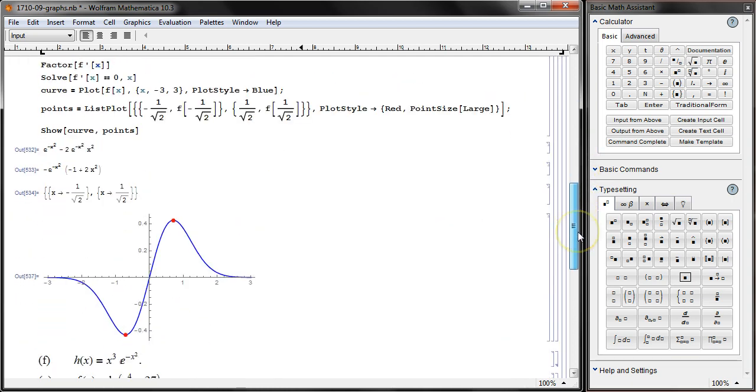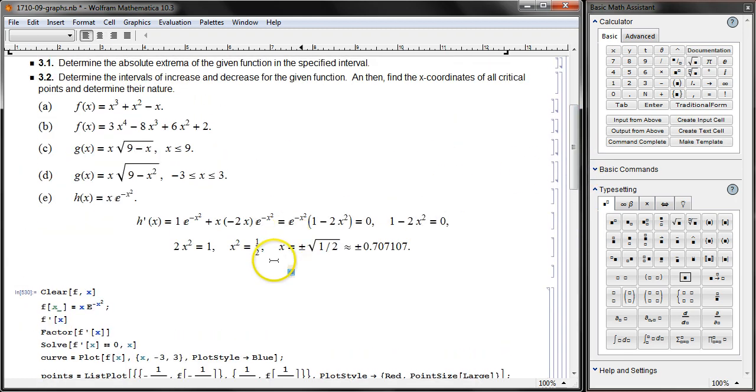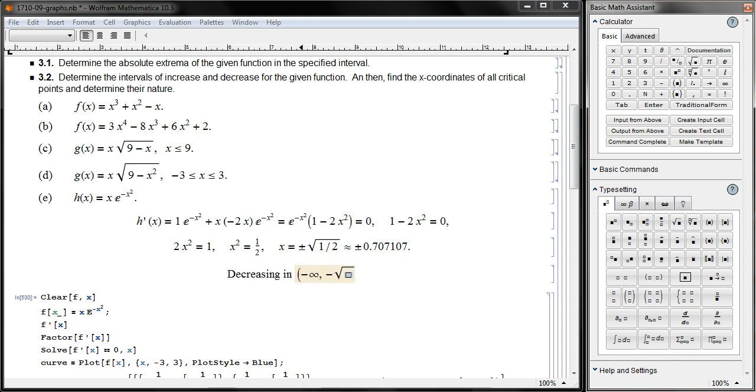So what can you conclude about increasing, decreasing? Decreasing in the interval negative infinity to negative square root of 1/2.